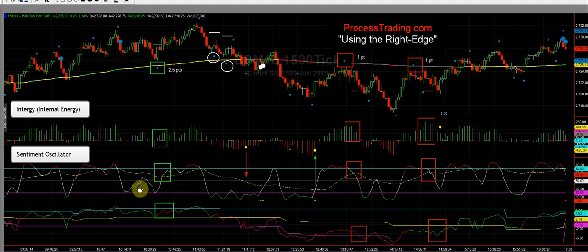Well, when this momentum line crosses the sentiment line, which is the yellow dashed line, that is a sure indication that price is going to go in that direction. And so we see right here that cross to the upside, as well as sentiment starting to slope up. And it is right at that point that price does start to show demand and ascend.